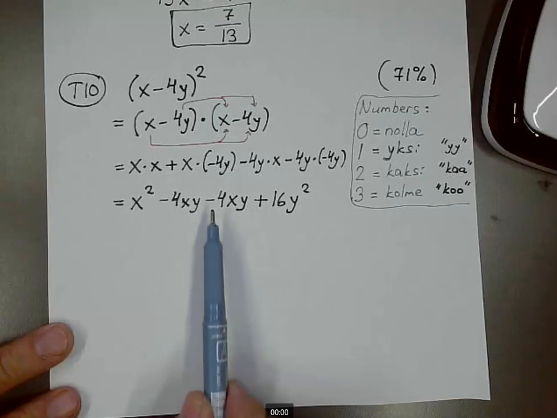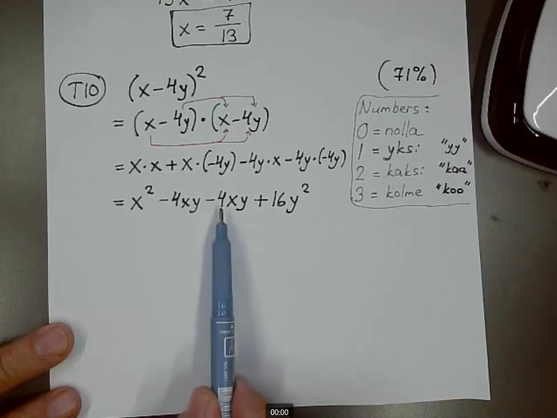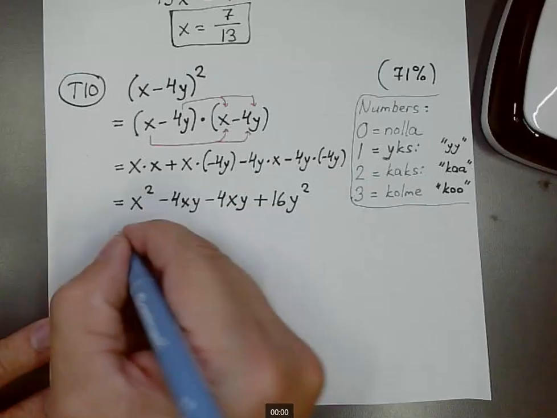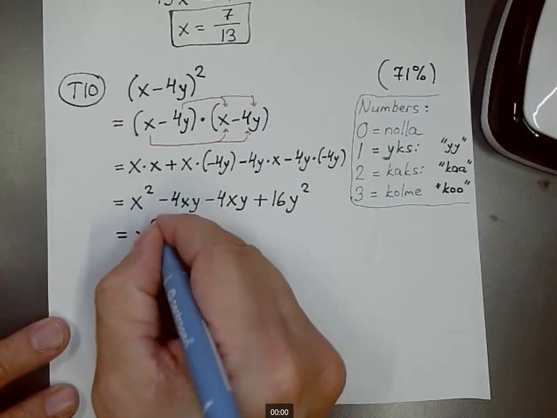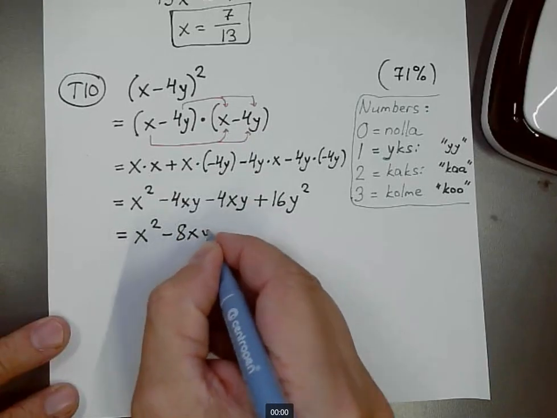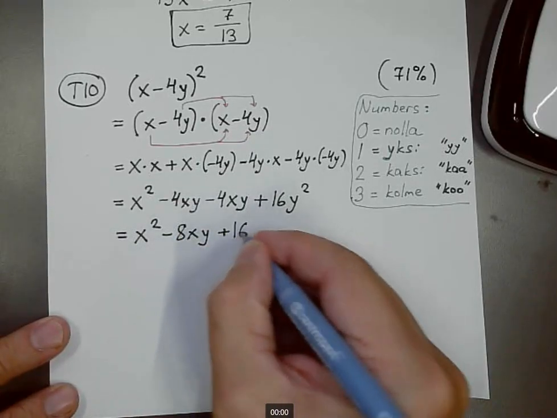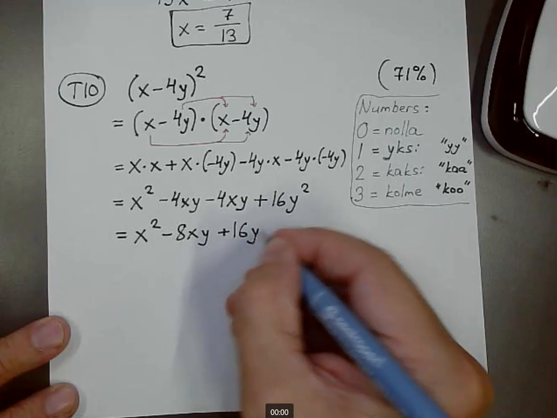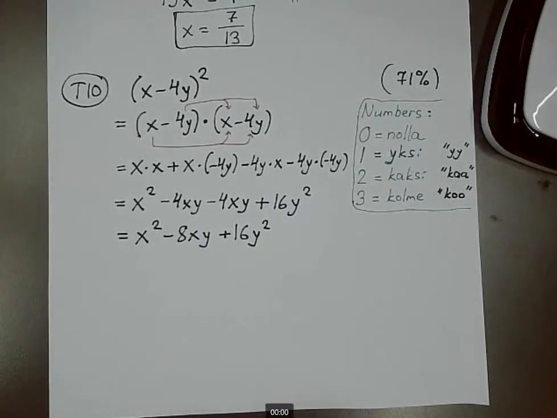We have minus 4 and minus 4, totally minus 8. So we have x to the power of 2 minus 8xy plus 16y to the power of 2. This is the final answer.